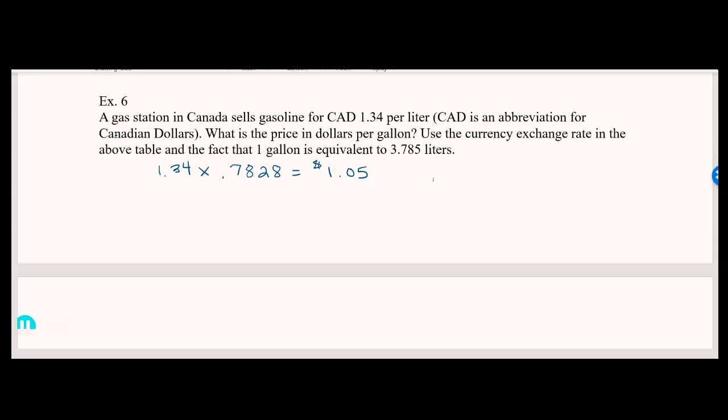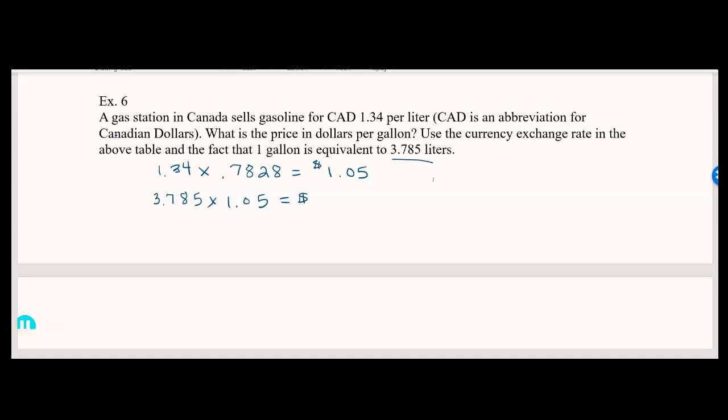All we did is convert this to US dollars per liter. But now we need to find out what is the price per gallon. Well, we were just told that 1 gallon is equivalent to 3.785 liters. So now I'll take the 3.785 liters and multiply that by the $1.05 because that was per liter.